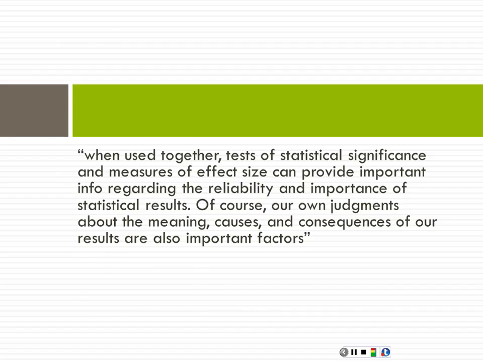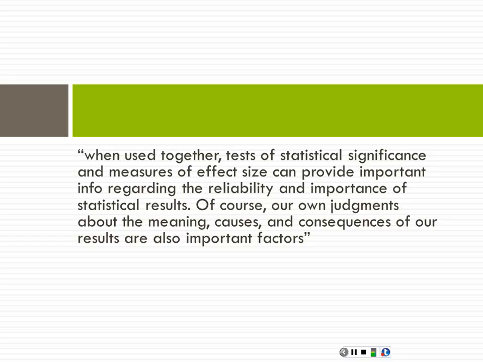And so like your book says, when used together, tests of statistical significance and measures of effect size can provide important information. That's my shorthand. He actually says information. Regarding the reliability and importance of statistical results. Of course, our own judgments about the meaning, causes, and consequences of our results are also important factors. So stats can't tell us everything.